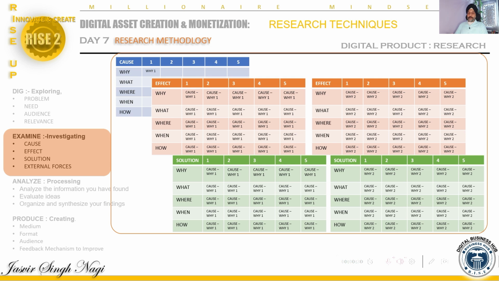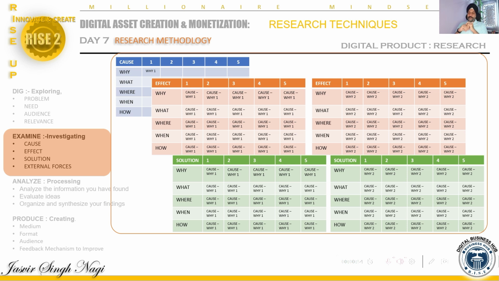I gave you an example, right? The pandemic and how the higher self-focus turn and so on. The typical way to do this is you have a template which has a why, what, where, when, how. You find the cause by the first why. You see there are 5 elements: 1, 2, 3, 4, 5.